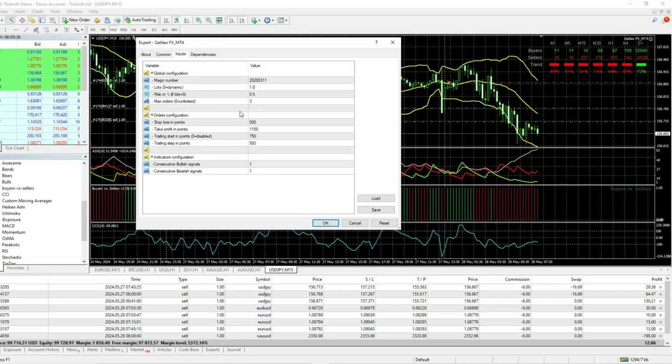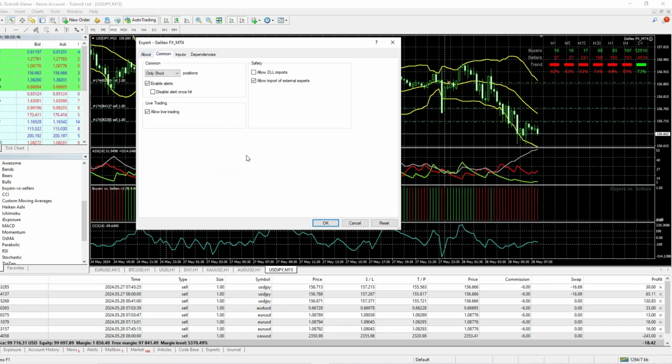Okay, and I have my stop loss set at 50 pips, and then I have my take profit set at 150, and then my trailing starts at 75 pips, and then my stop loss is moved every 50 pips. So that's just the current setup I have right there.